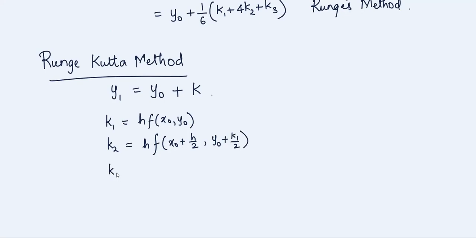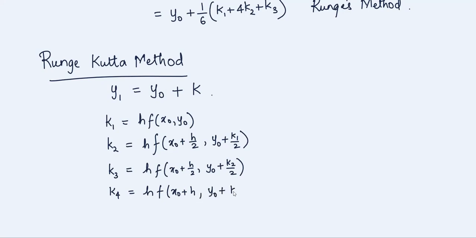Next, k3 is h times f of x0 plus h by 2. This remains common. This becomes y0 plus k2 by 2, the previous step. Then k4 is h times f of x0 plus h, y0 plus k3.